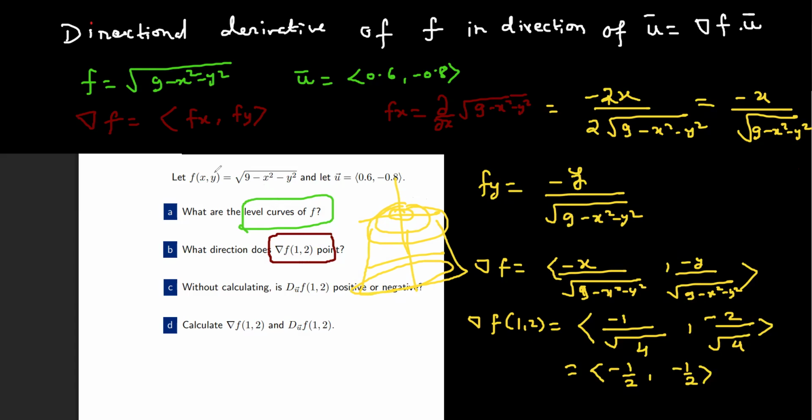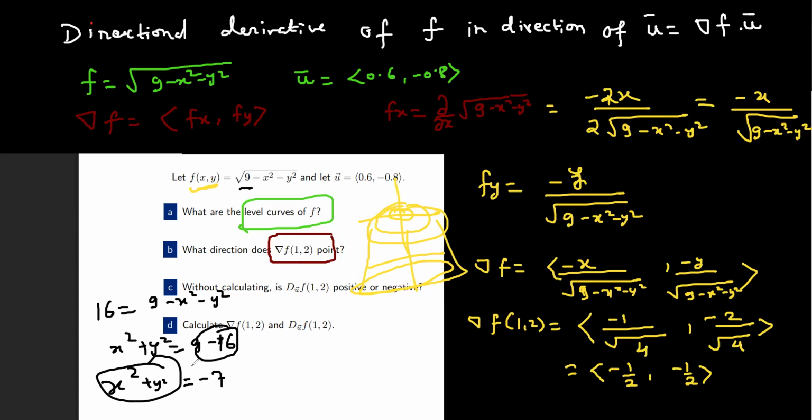Because when you put the value of f greater than 9, you will get a negative, so it will not exist. You can check here. Suppose I am putting 16. Then x square plus y square is 9 minus 16, which is not possible, right? The square of anything cannot give a negative value.